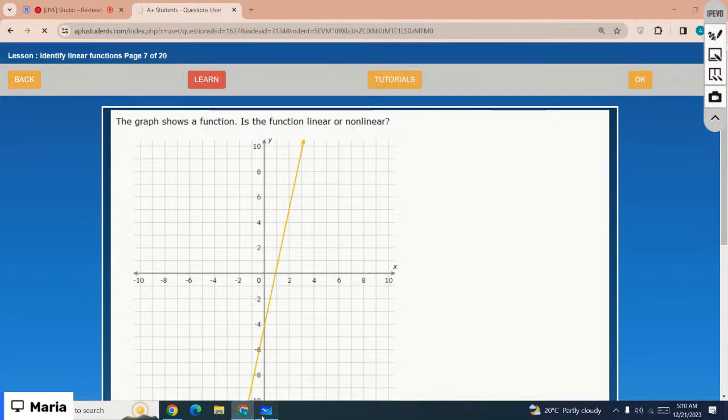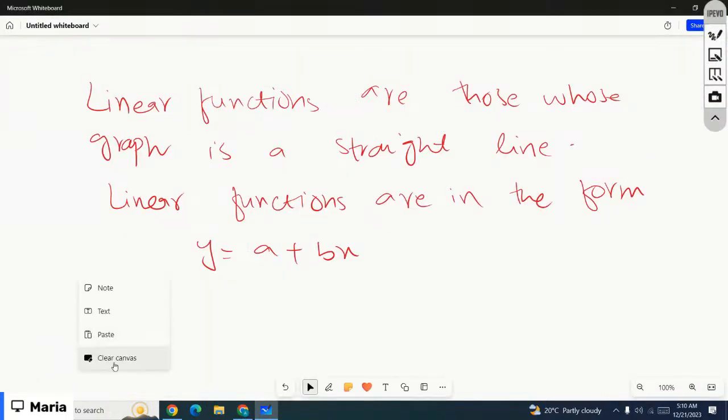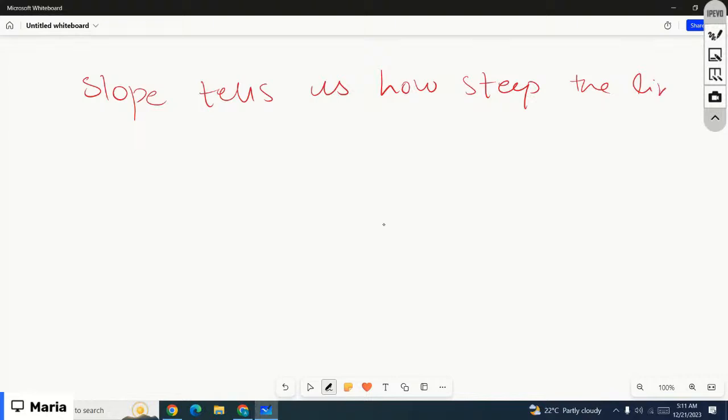Basically, the slope tells us how steep a line is. It is like measuring how quickly a hill goes up or down.